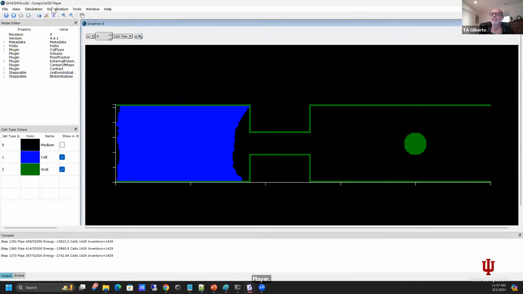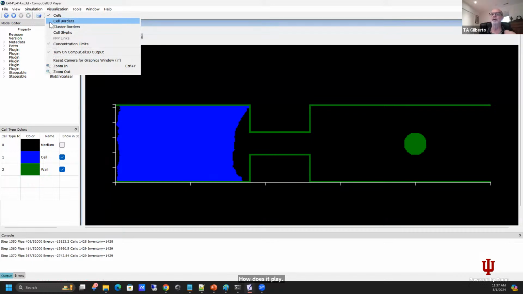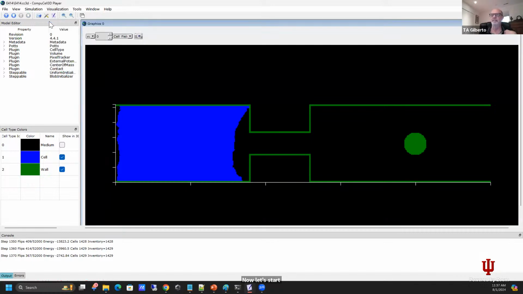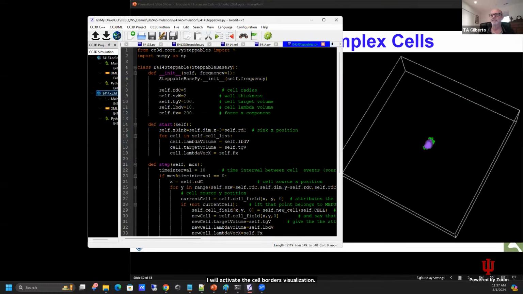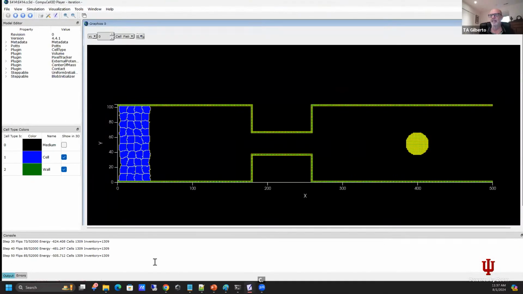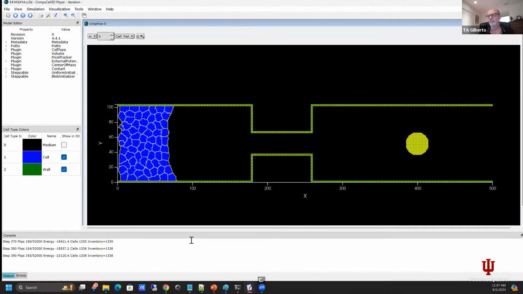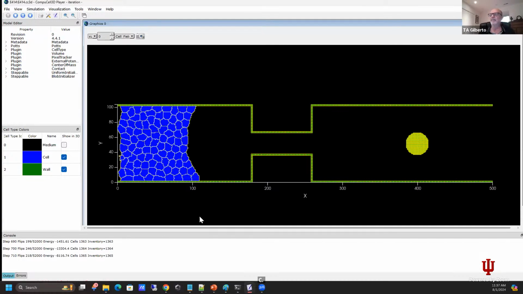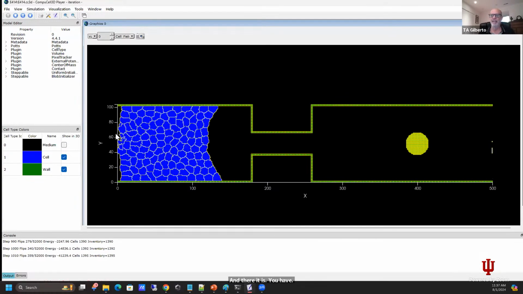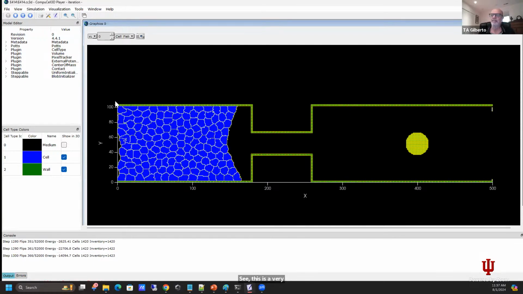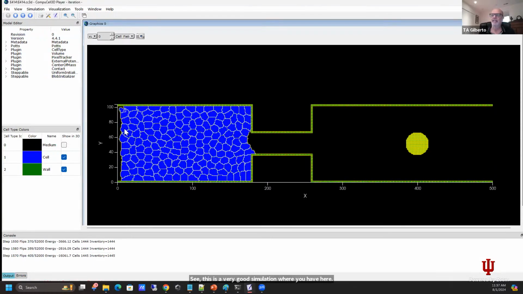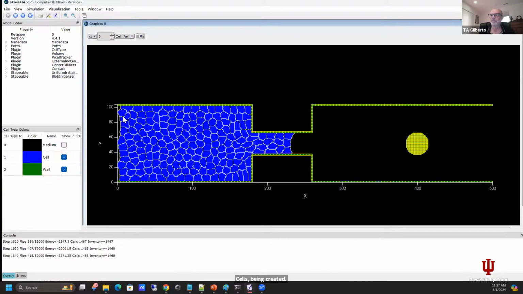Now let's start over. Now I want to see the cell borders because this is a 2D simulation. Okay, I will activate the cell borders visualization. And there you have. See, this is a very cute simulation where you have cells being created in the left side of the tube.